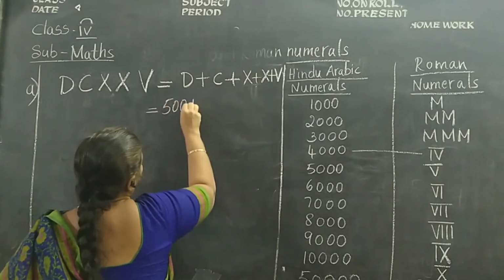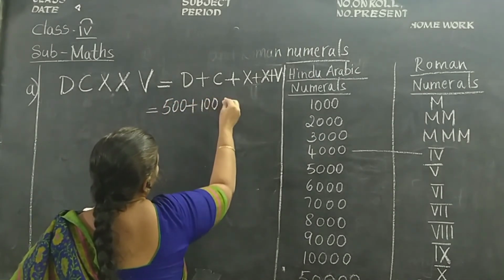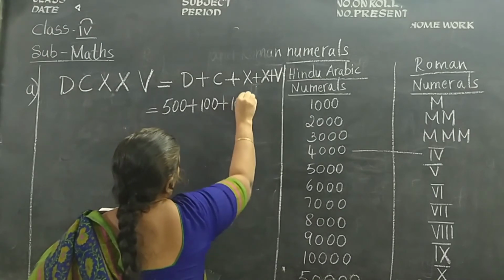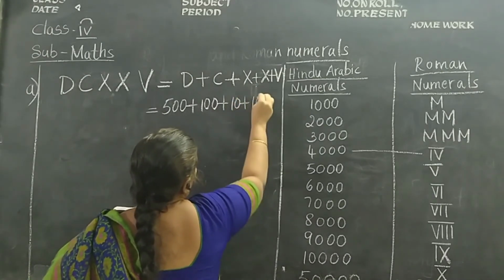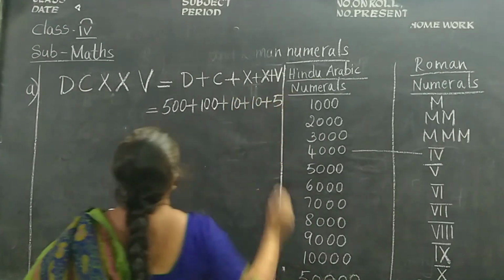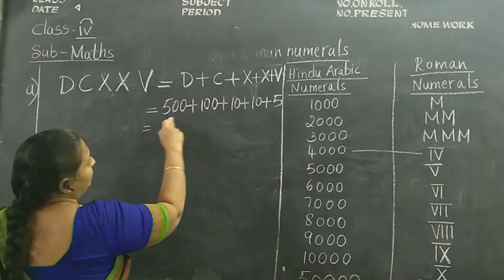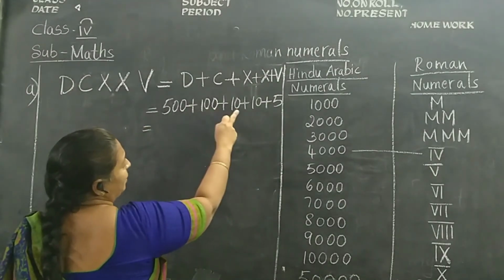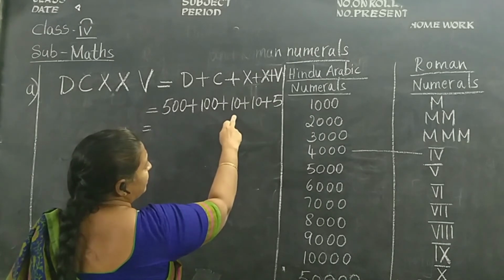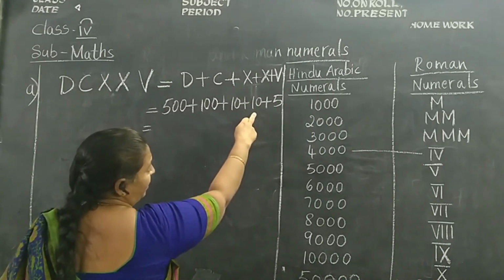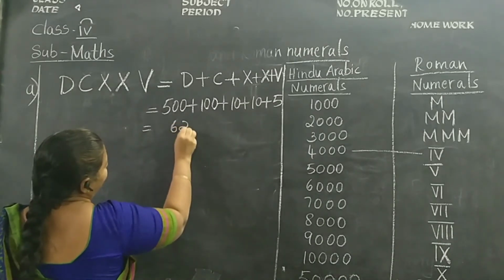What is the value of C? 100. What is the value of X? 10. Another X? 10, and V value 5. See children, 500 plus 100, 600; 600 plus 10, 610; 610 plus 10, 620; and 5, 625.